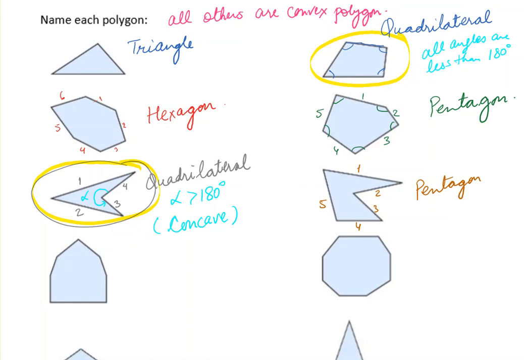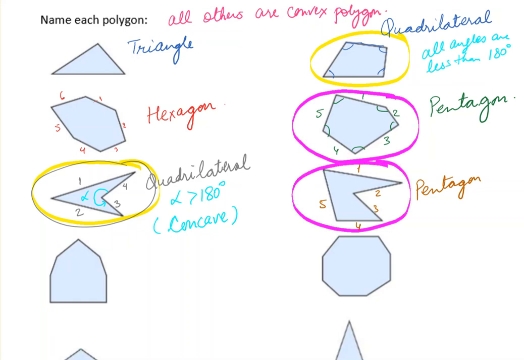But if you compare this pentagon with the one we have on the top, so this pentagon and this pentagon, you will see that the new pentagon is different because this angle, let's call this angle beta, angle beta is greater than 180 degrees. So it's even more than a straight line. So again, this is our concave polygon.